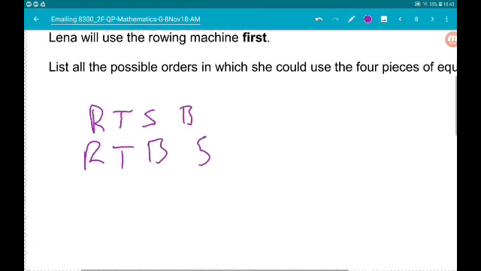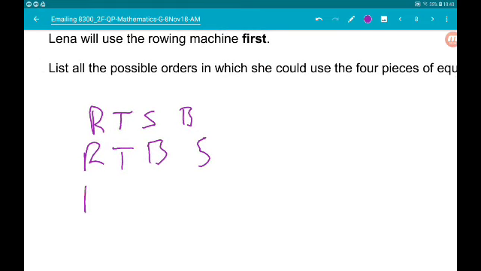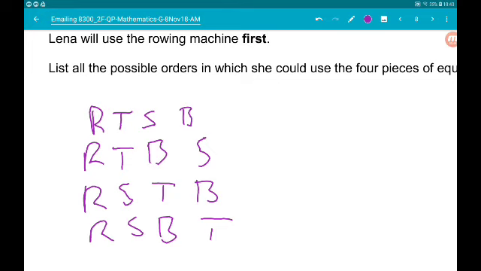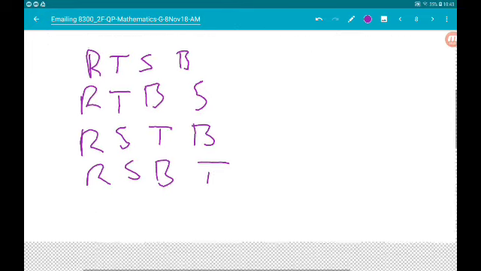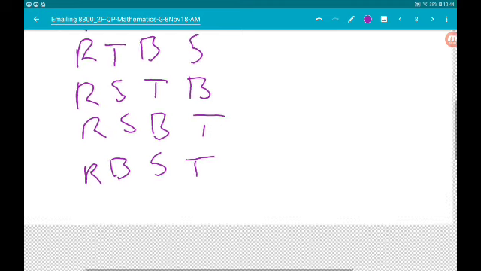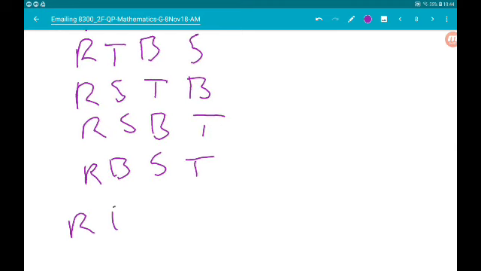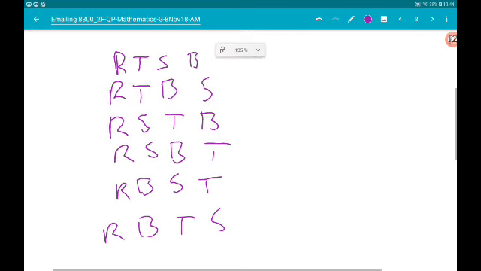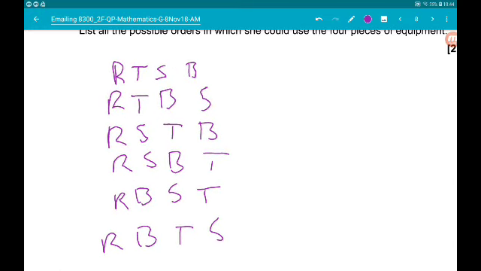So then let's put the stepper second. So we could go R, S, T, B. We could go R, S, B, T. And then we could use the bike second. So we could go R, B, S, T, or R, B, T, S. Those are all the combinations. Good times.